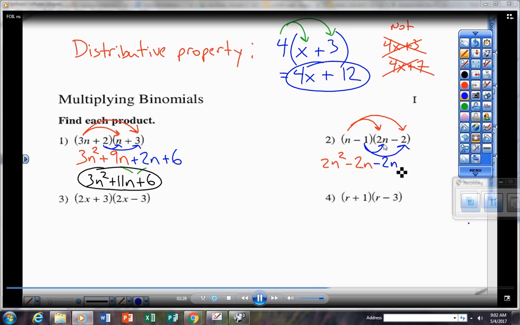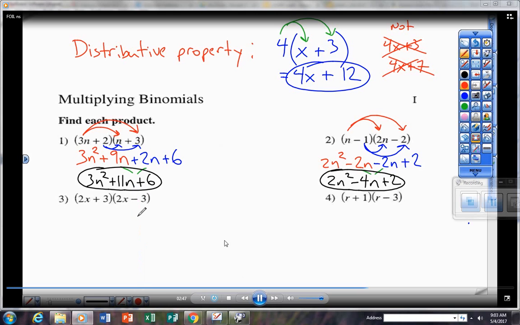Negative 1 times 2n gives me another negative 2n. And then negative 1 times negative 2 gives me positive, because a negative times a negative is always positive. Now combine my two like terms. Negative 2n combined with another negative 2n gives me negative 4n, more of those negatives. I bring that term down, bring that term down.